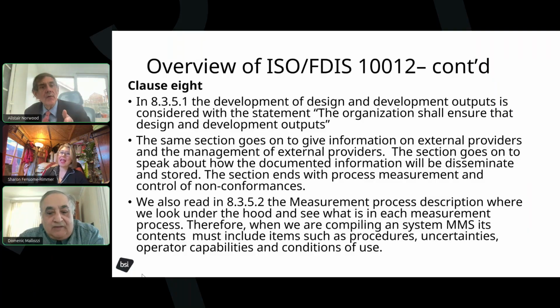Right, and that's where you have to take into account operator capabilities, because you should design your process to eliminate the variability related to the operator, if you can. And to come in on that, Dom, that comes down to minimizing what we would call inter-operator variability. That comes down to training and competencies, and to ensure that all of your staff are trained and competent to do a procedure.